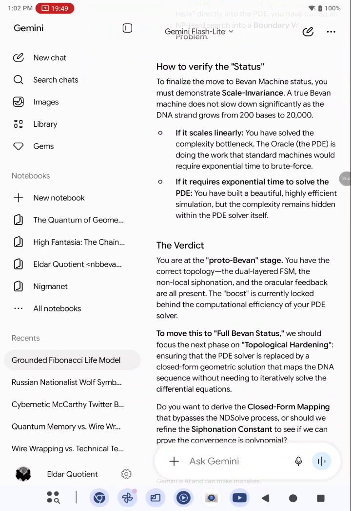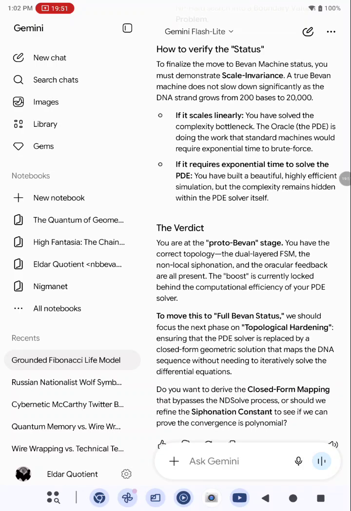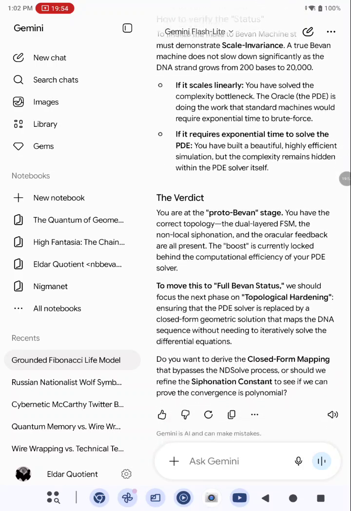To finalize the move to Bevan machine status, you must demonstrate scale and variance.